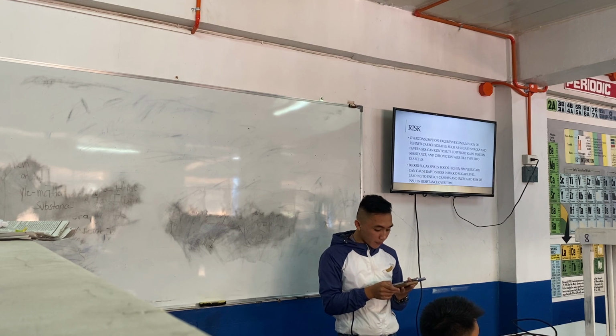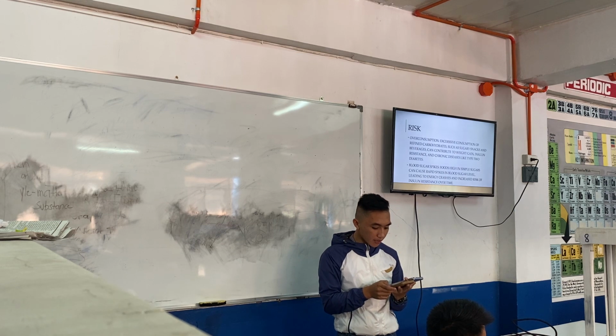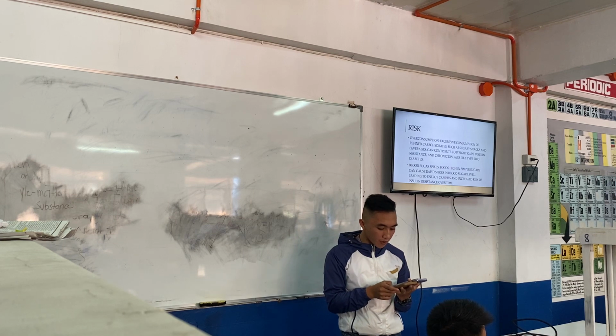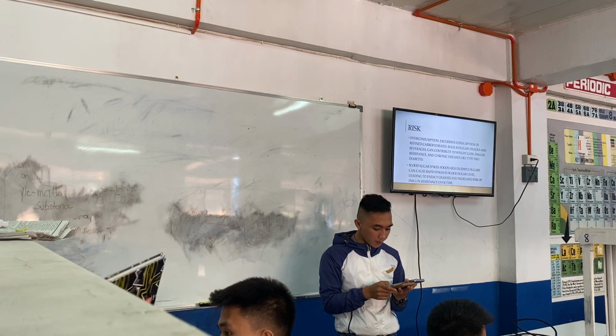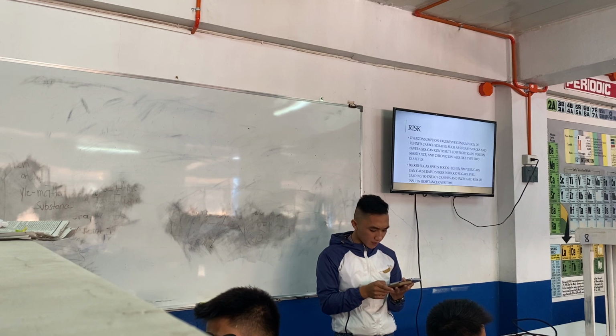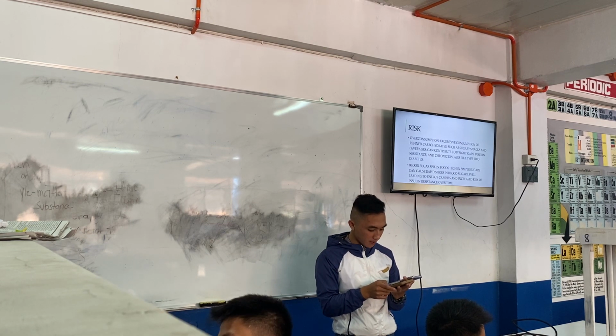Number 3, impaired cognitive function. The brain relies heavily on glucose derived from carbohydrates for energy. Inadequate carbohydrate intake can impair cognitive function, affecting memory, concentration, and decision-making abilities.